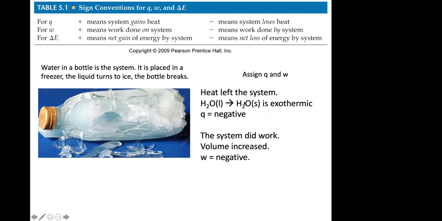That was an exothermic process. The system was cooling down. It was a negative sign for Q then. I think the system did work, however. It pushed against the container and broke it. The volume increased, so the work was negative. That's how I would assign those.